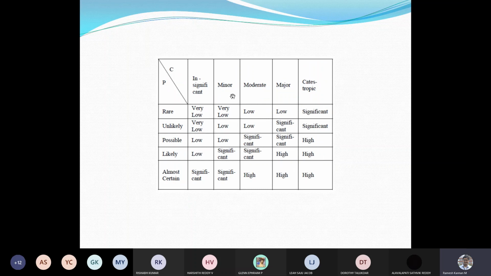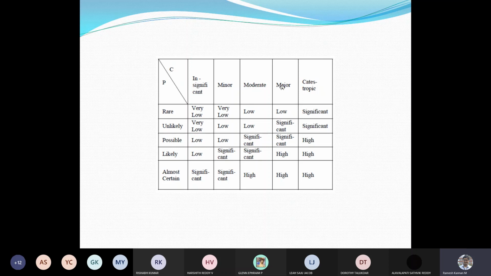Next is very important. Then you provide the prioritization concept. Insignificant with rare is pretty low. Rare as in rarely occurs, and insignificant will not have much influence. The risk is pretty low. Rare and minor occurrence is also pretty low, whereas rare and moderate is pretty low, but you need to really look into it.